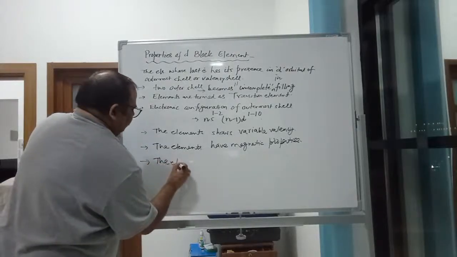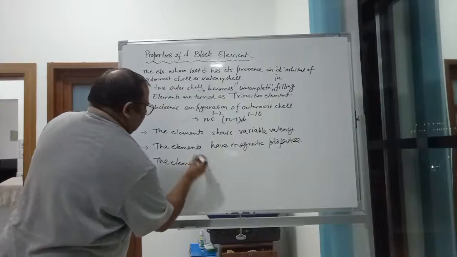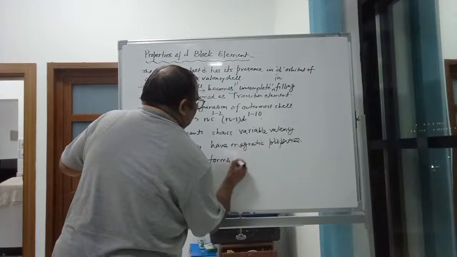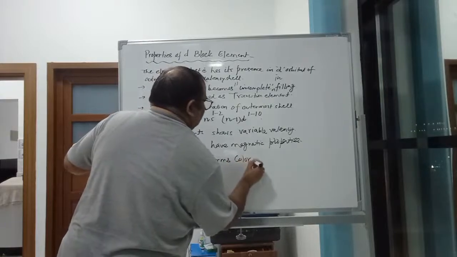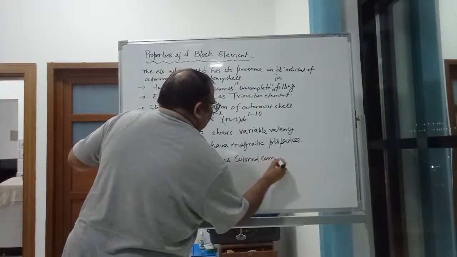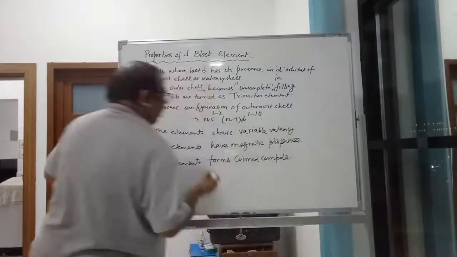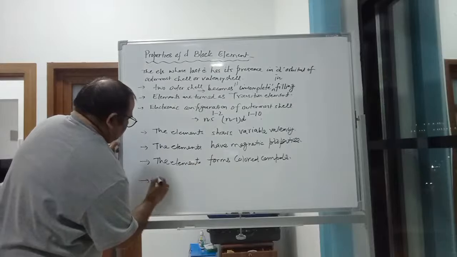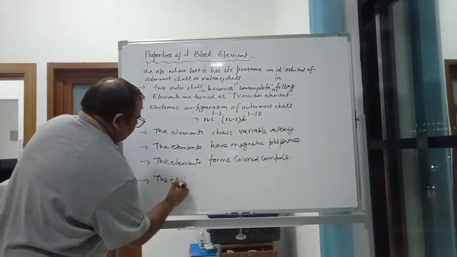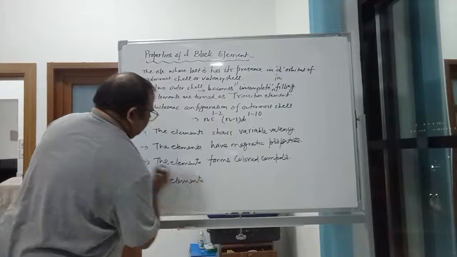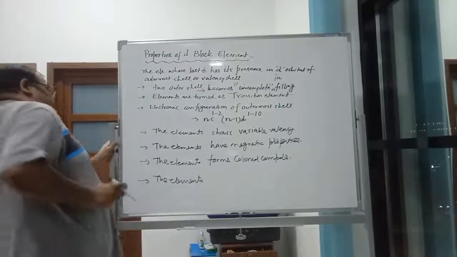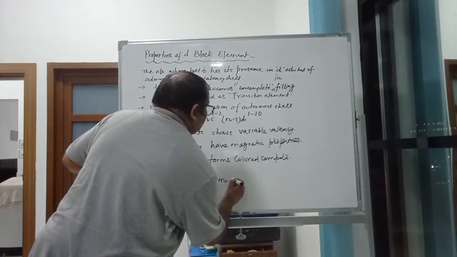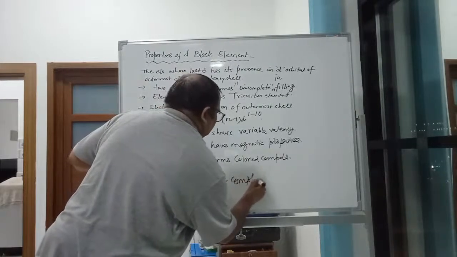The elements form colored compounds. The elements of D block form complex compounds.